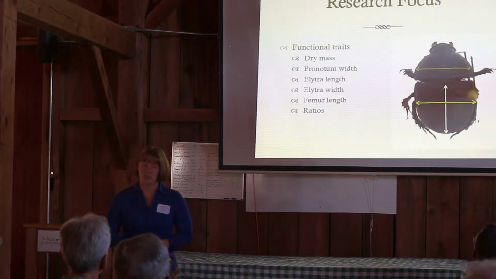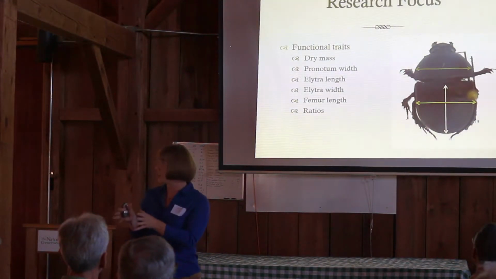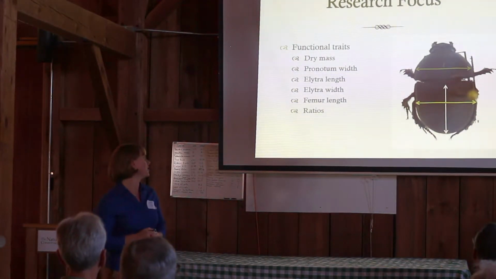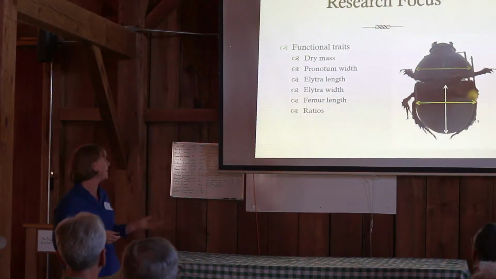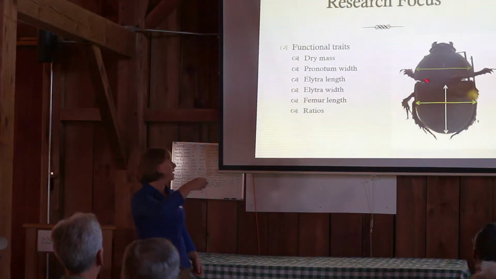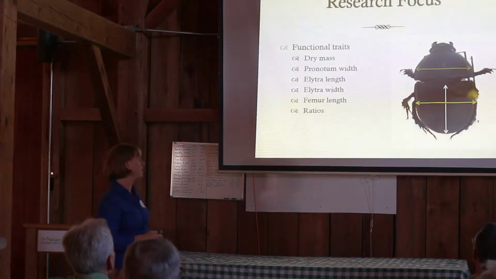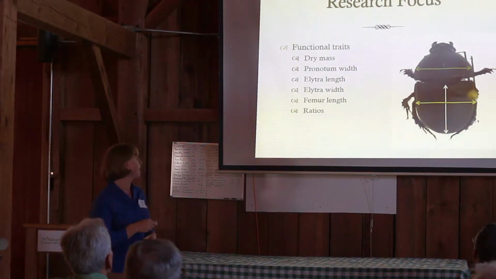With all of these beetles, I'm looking at several different functional traits, both physiological and behavioral. For the physical functional traits, I'll be drying all of the beetles that I catch to a consistent weight and then weighing them. I'm also looking at the width of their pronotum, that's the shield-like structure directly behind the head of the insect. And then also the elytra, those are the hard shell-like covers over the wings on the back of the insect, both the length and the width.